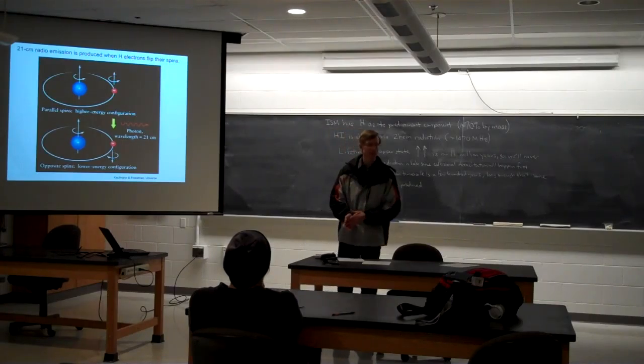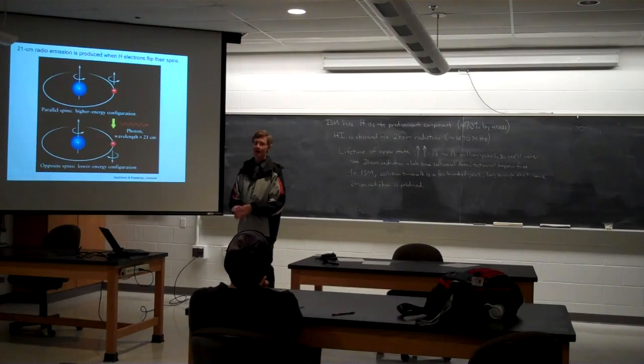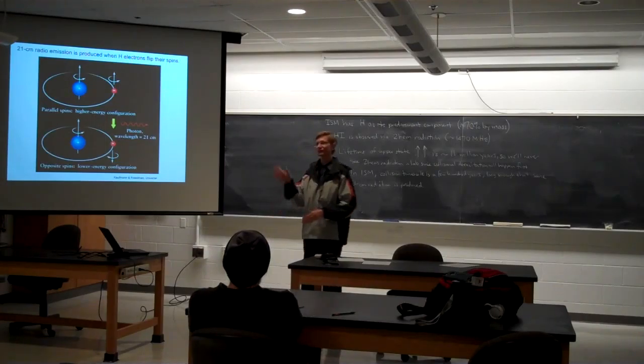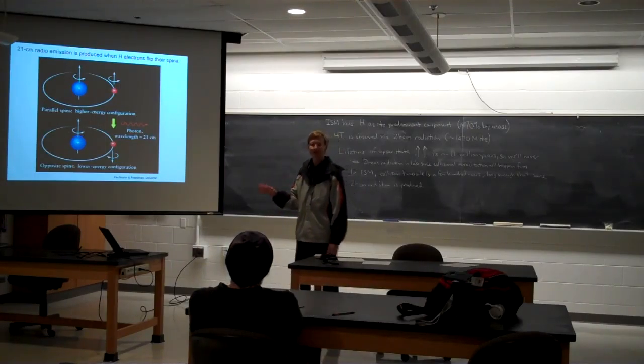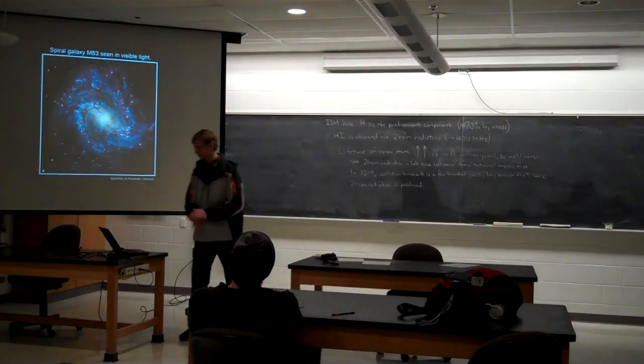So that signal was seen at 21 centimeters. Whether it was the death cries of an alien civilization, or a civilization saying hello, that's another matter, but it was seen at 21 centimeters as a matter of fact.